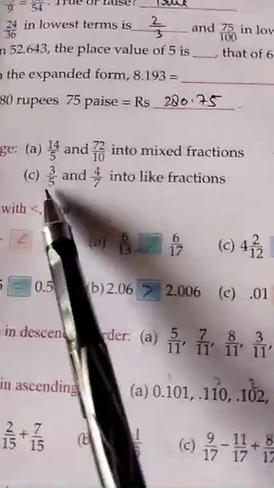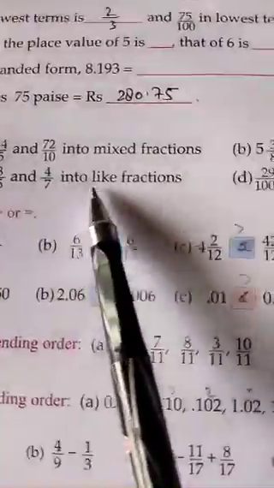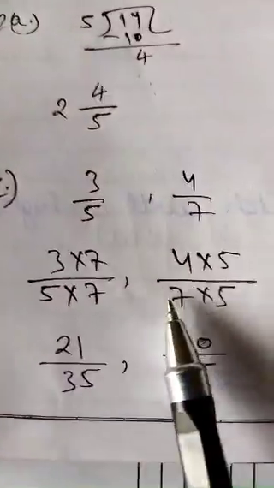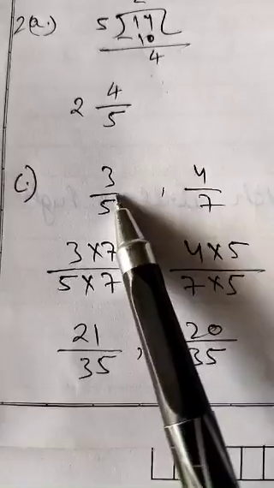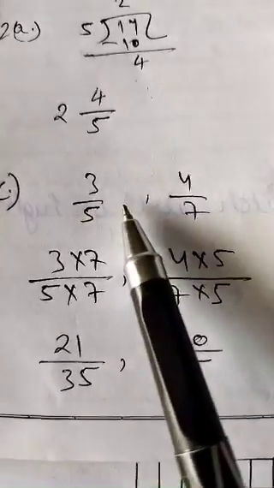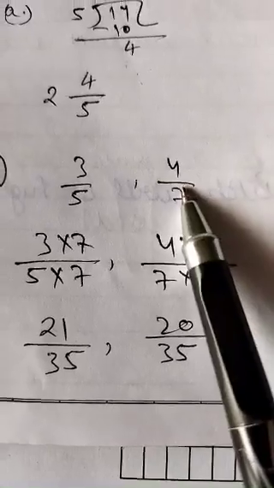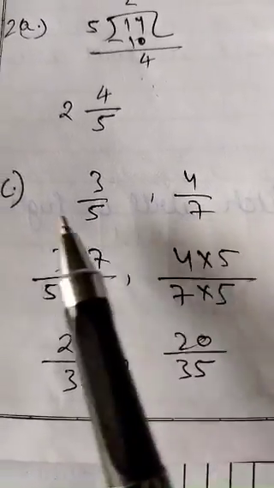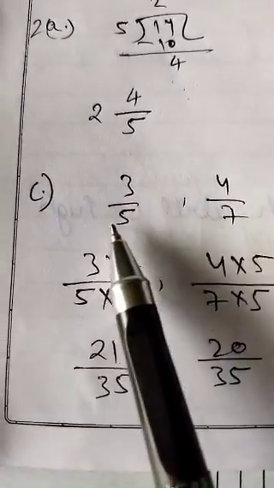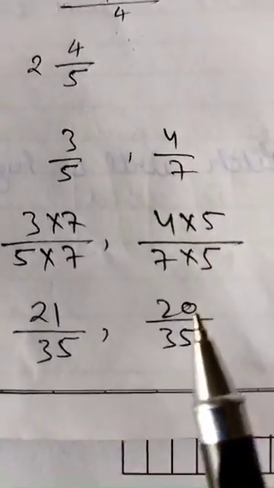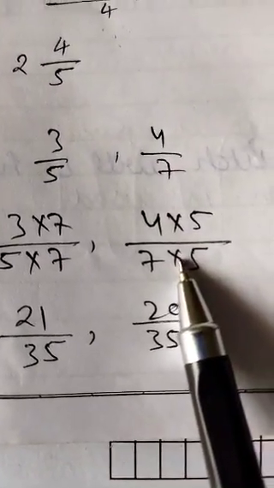Now coming on to C part. This you have to change into like fractions. How will you change into like fractions? See, the denominator of the first fraction will be multiplied with the second fraction, and the denominator of the second fraction will be multiplied with the first fraction. In the first fraction the denominator is 5, so you will multiply both numbers by 5 like this.